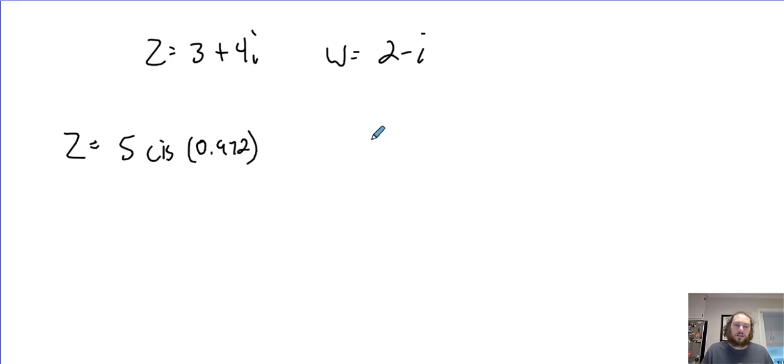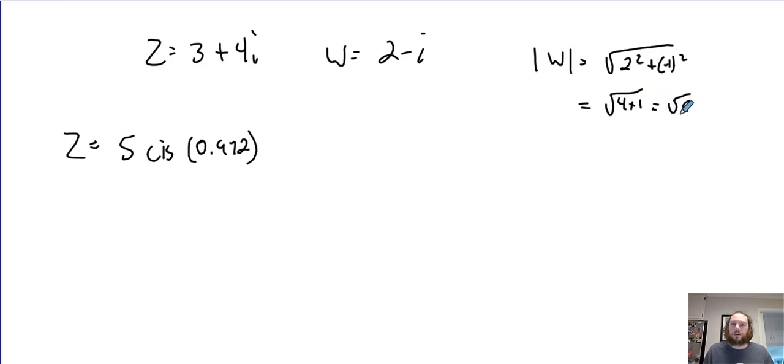W we haven't done yet, so we can find the modulus of w as the square root of 2 squared plus negative 1 squared, which is the square root of 4 plus 1, which is root 5. And the argument of w is going to be equal to the inverse tan of the imaginary part of w, which is negative 1, over 2.